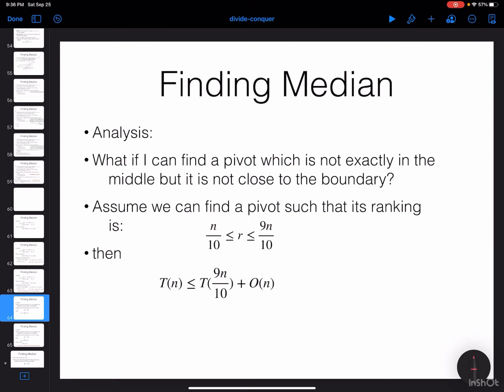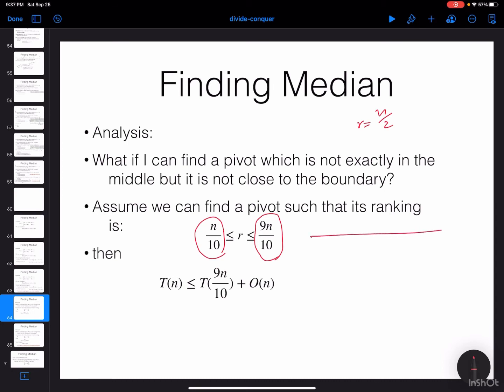But there is a claim here, and that is the fact that I don't really need to find a pivot value that gives me exactly the rank n divided by 2. Even if I find a pivot value that I can prove is, for example, something between n divided by 10 and 5n divided by 10.